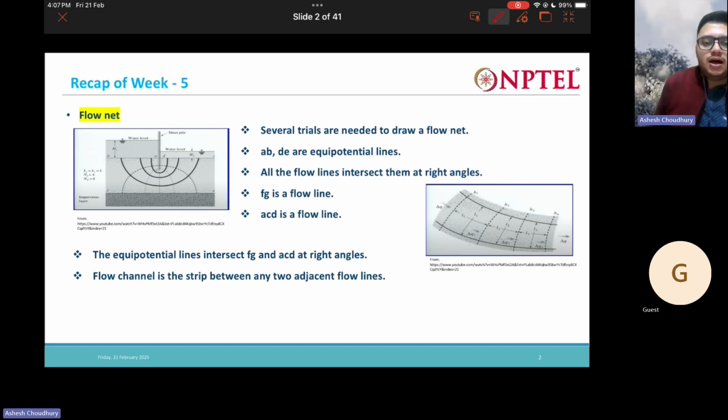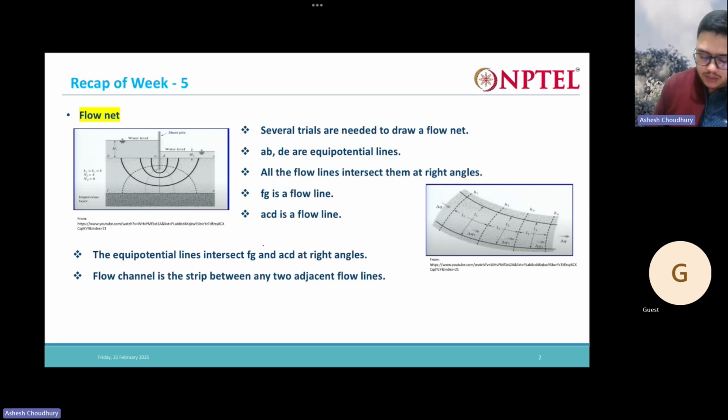So let us see how we will be drawing a flow net. Here you can see we have a problem where we have a sheet pile, and we have some upstream head and some downstream head. As the upstream head is higher than the downstream head, obviously there will be some flow of water.